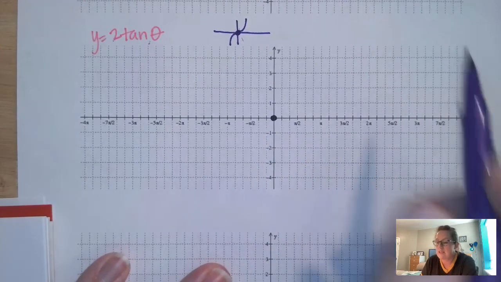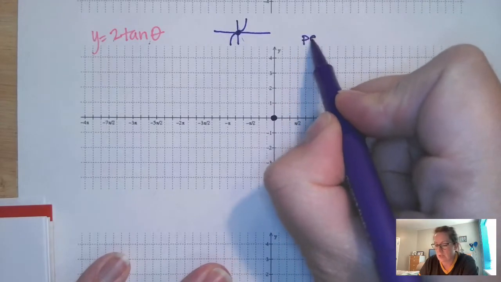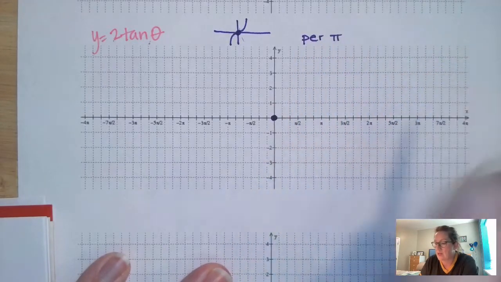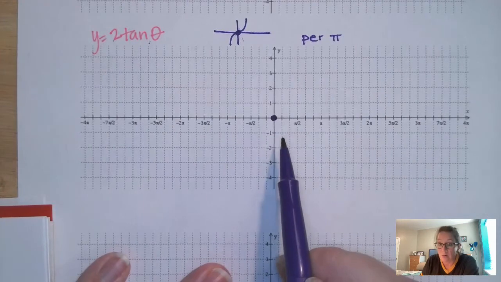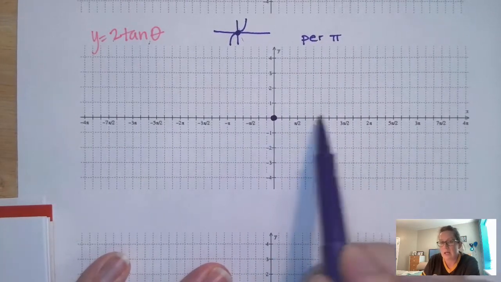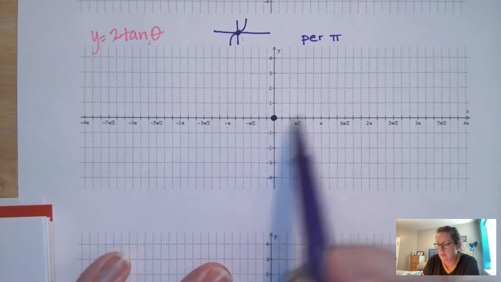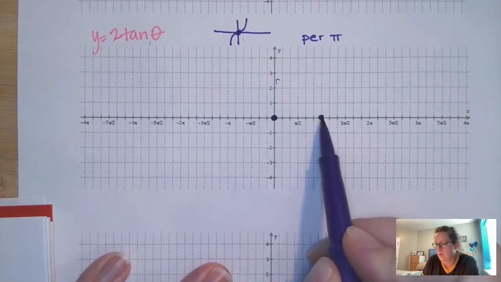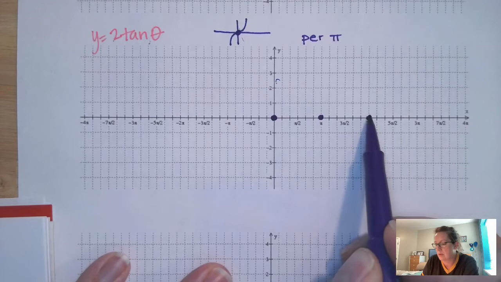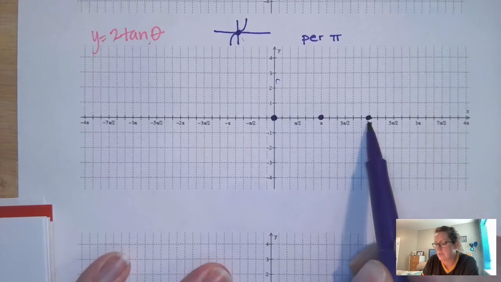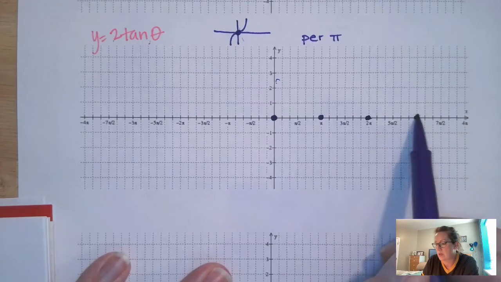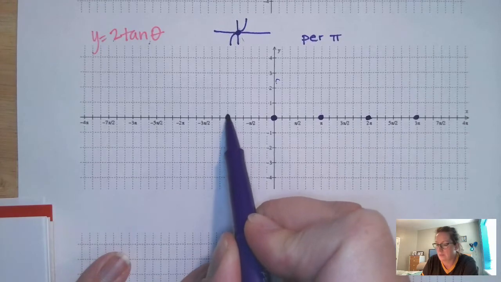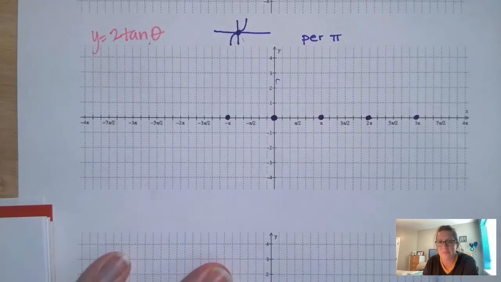Okay, we said that our period for this function was pi. So we are going to have a 0 every pi distance from this guy. So from 0, it's going to be pi. From pi, it's going to be 2 pi, sorry. And then from this 0 at 2 pi, we're going to be at 3 pi. Okay, I'm going to do it at negative pi. Goes on infinitely in both directions.